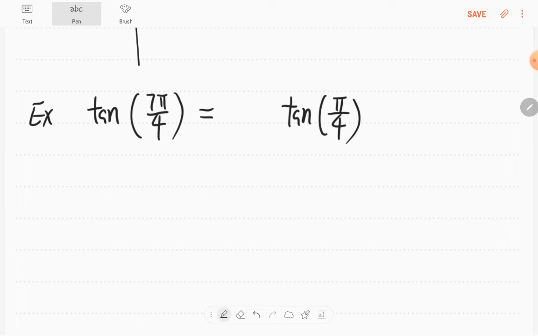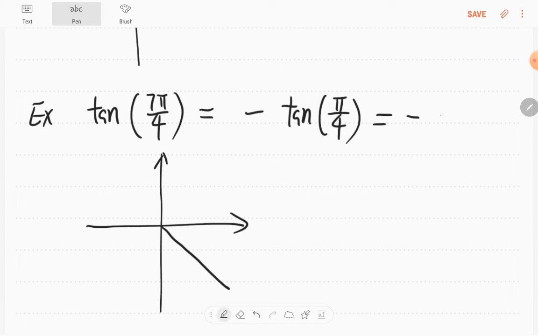But it's plus or minus. Let's look at the terminal side of this angle. 7 pi over 4 is here. The terminal side is in the fourth quadrant. In the fourth quadrant, the tangent is what? It is negative, so this is negative 1, right?